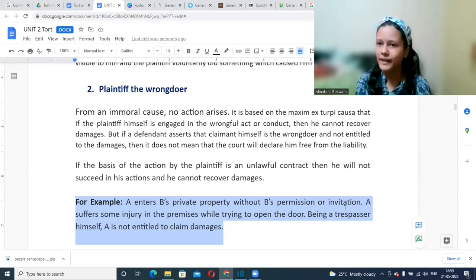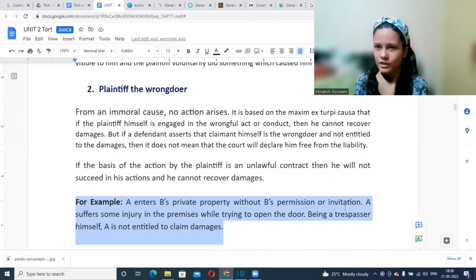There, B will come with the defense that A was doing something wrong. A is only the wrongdoer. I never invited him. I never consented that he can enter my property. Still, he entered my property, as in he's a trespasser. He himself is a wrongdoer. He has done the wrong of trespass, and while doing that, he sustained injury.